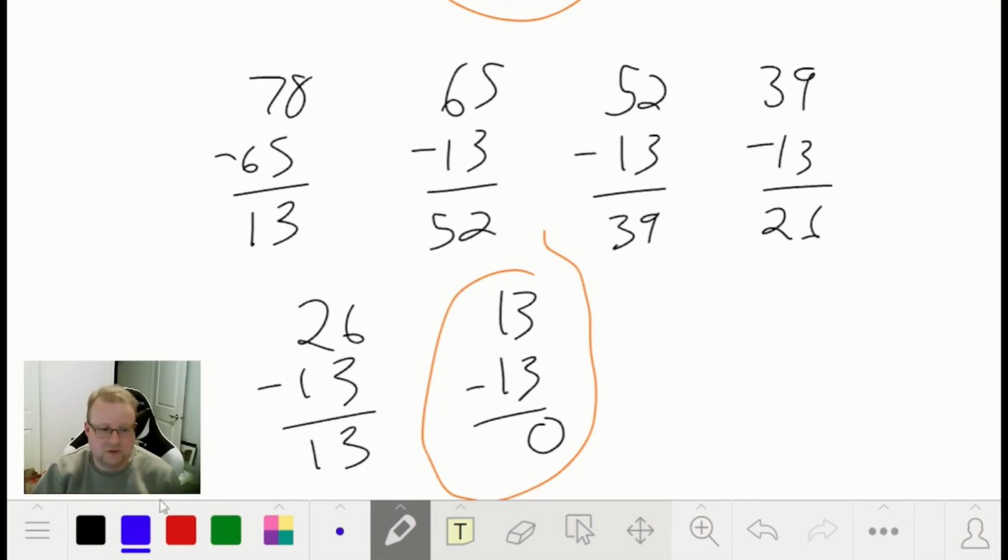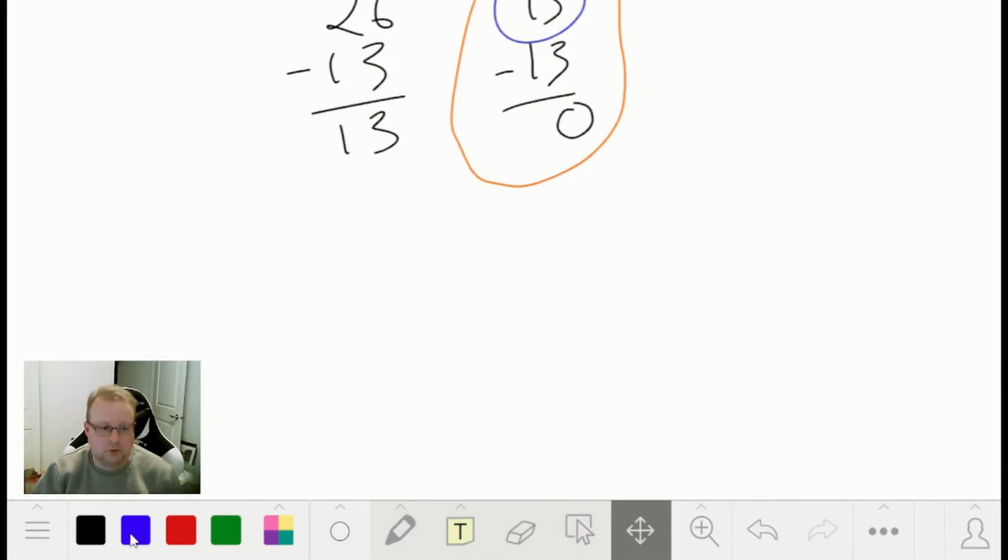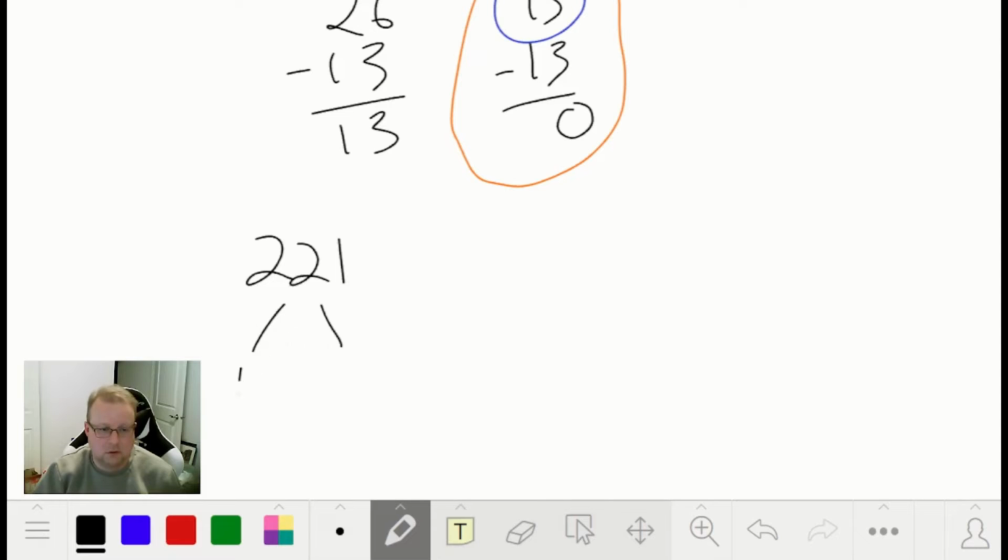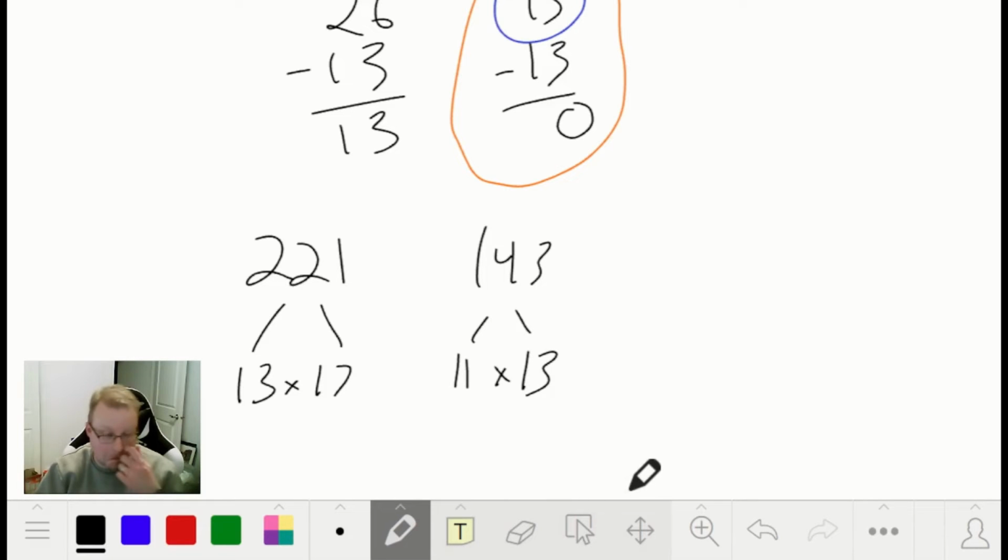Once we hit 0, this number that we have is our greatest common factor. In other words, 221 can be factored as 13 times 17, while 143 is 11 times 13.